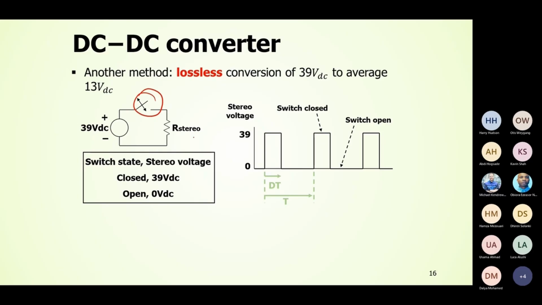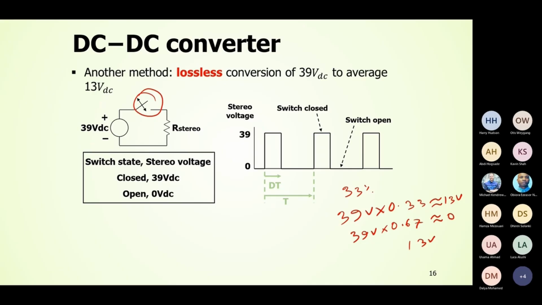So let's say I close the circuit for 33% of the time: 39 volt times 0.33 would be roughly 13 volt, and then I keep the circuit off for the remaining 67% of the time. The average is actually 13 volt.